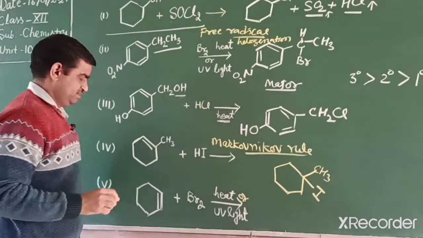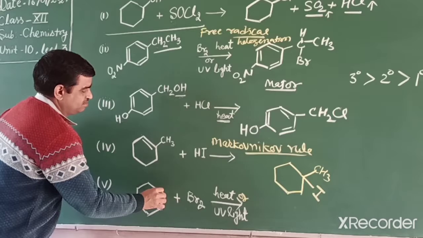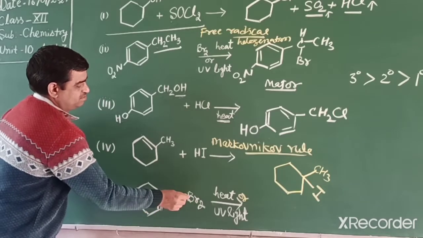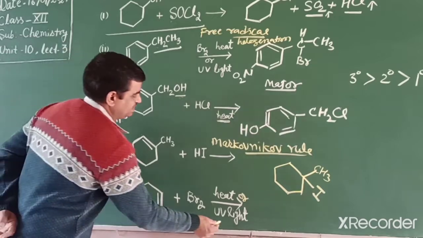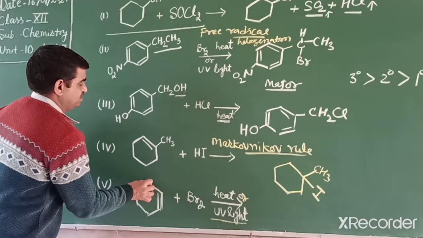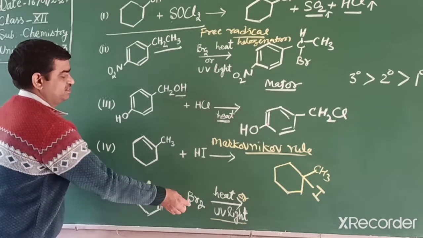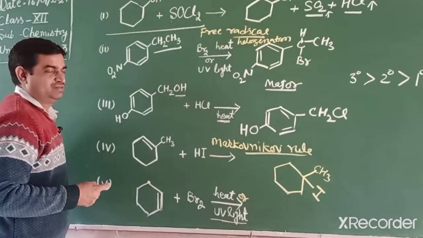In a similar way, this is also free radical halogenation. With bromine, addition reaction can also occur, but since heat and light are given, it is a free radical reaction. The bromine replaces the allylic hydrogen.